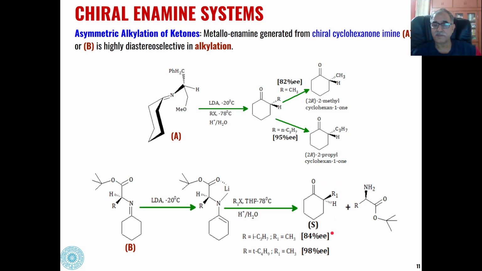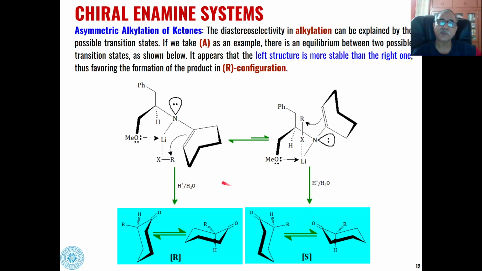And similarly, depending upon the size of this R group, we will get the selectivity in these types of product formation. The bigger the R group, the higher will be the selectivity. So basically, the diastereoselectivity in alkylation in these types of enamine derivatives can be explained through this mechanism.